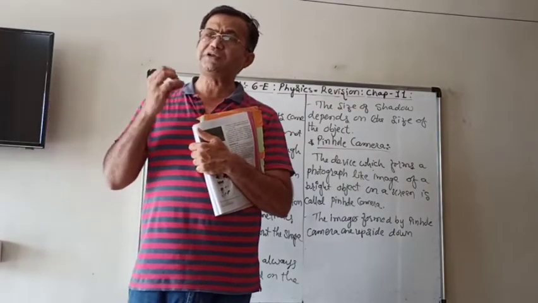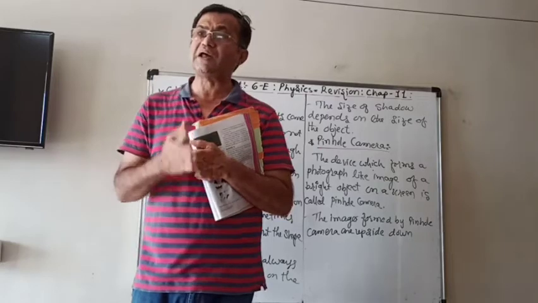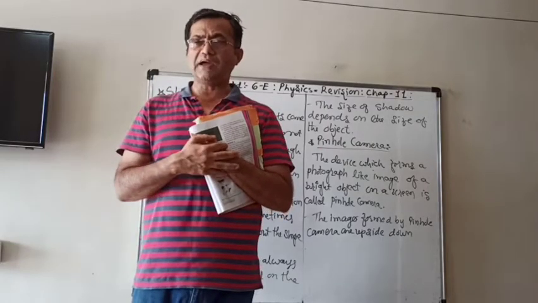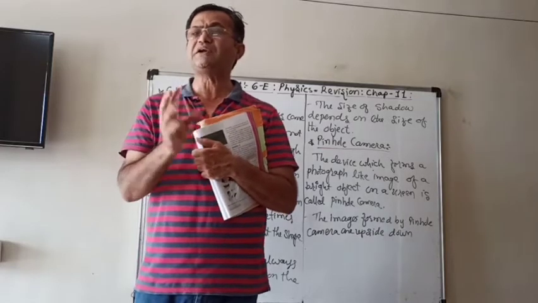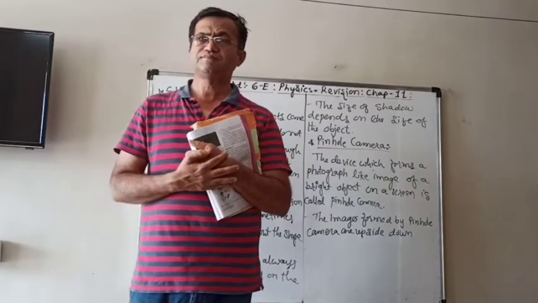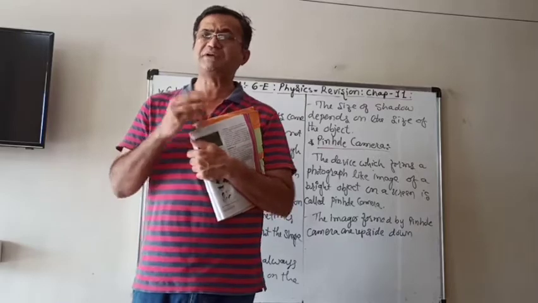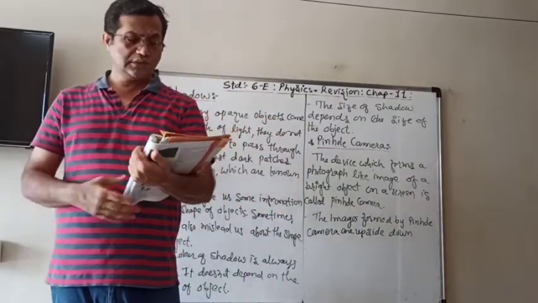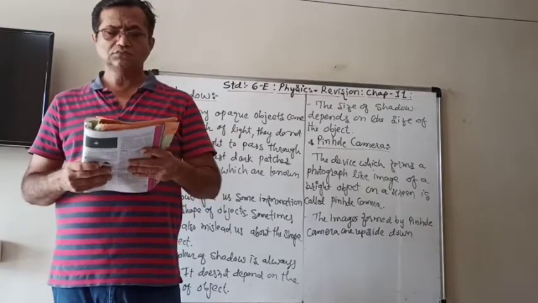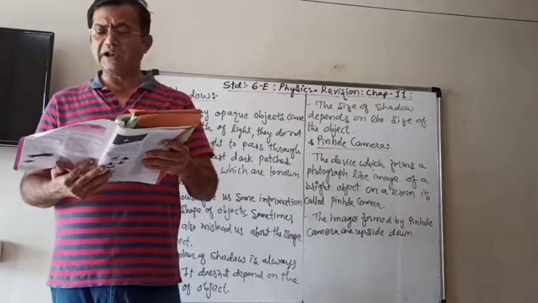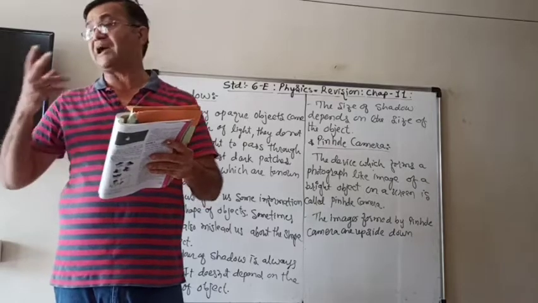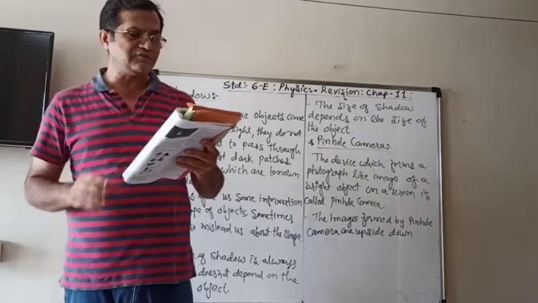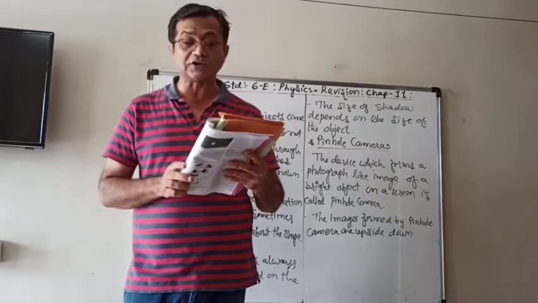So it does not depend on the color of the object. The shadows of different things will be different, different shape, different size, but the color will be the same, because the light does not fall there, so it looks dark, and therefore the color will be very dark only.